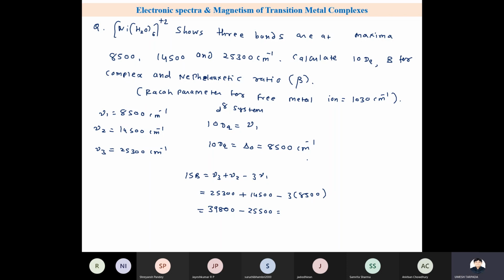So your answer becomes 14,300 centimeter inverse. So what is B value? Divide by 15. 14,300 divided by 15, so 953. So you can calculate nephelauxetic ratio beta for free metal ion, it is given.